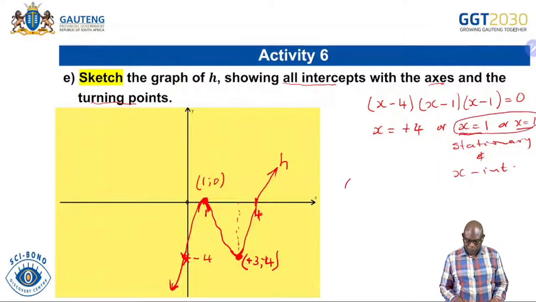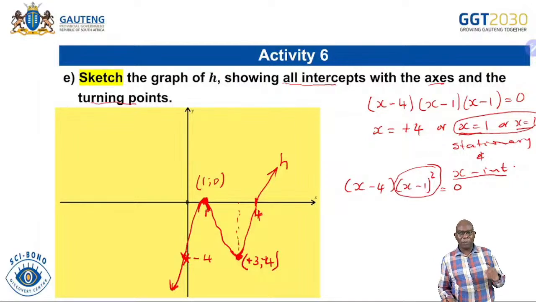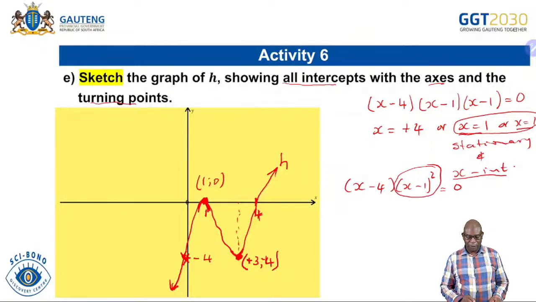So your graph will be (x minus 4)(x minus 1) all squared equals 0. In other words, if you see that, you must know that that point is going to serve as a turning point, stationary point, and also an x-intercept. Please note that. Okay.